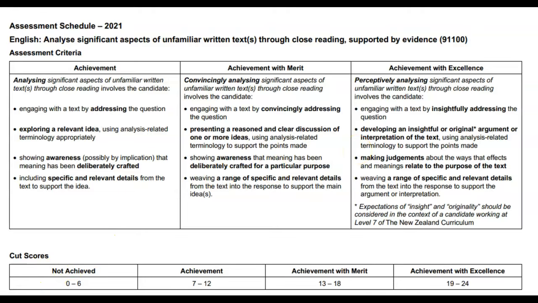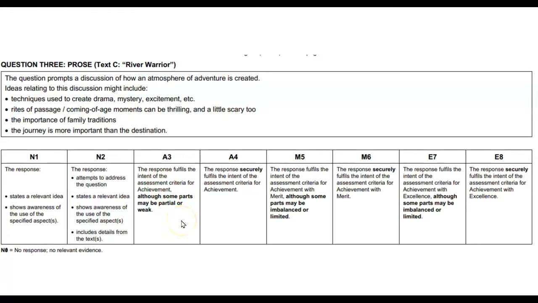The text we're dealing with is called River Warrior, and so if you want to pop back and have a look at this part of the presentation or the video, you'll be able to do that because we just build up naturally from a 1 to a 2, 3, 4, 5, all the way to 8, adding some complexity, weaving our response together more as we get into the Merit, and then finally having some originality and insight over here.